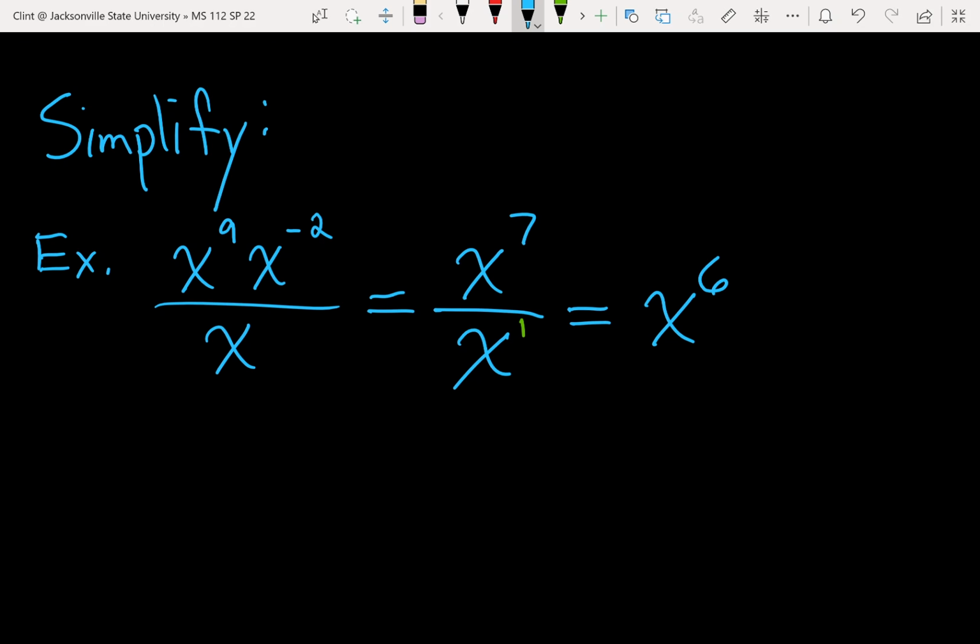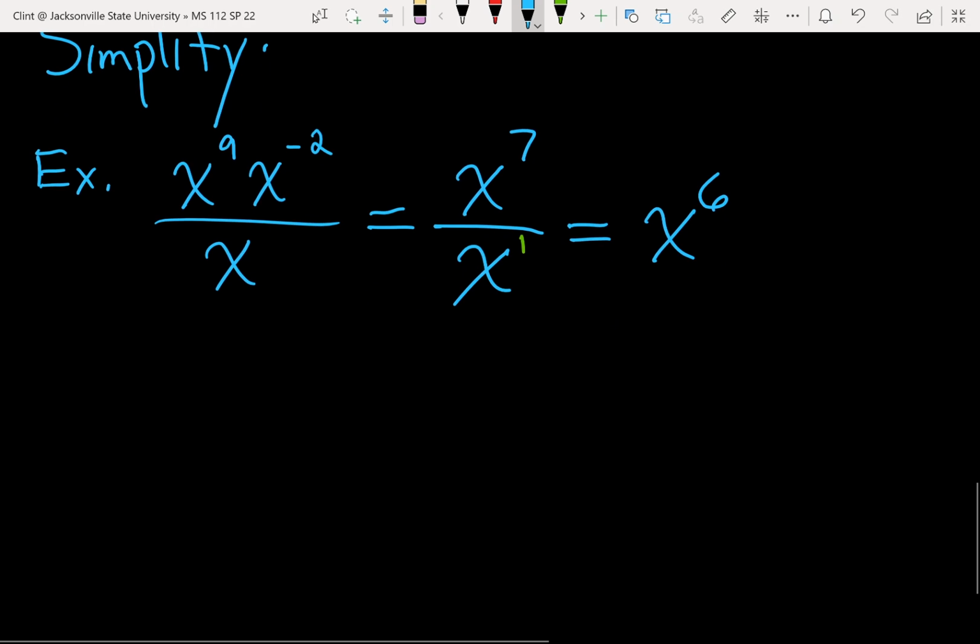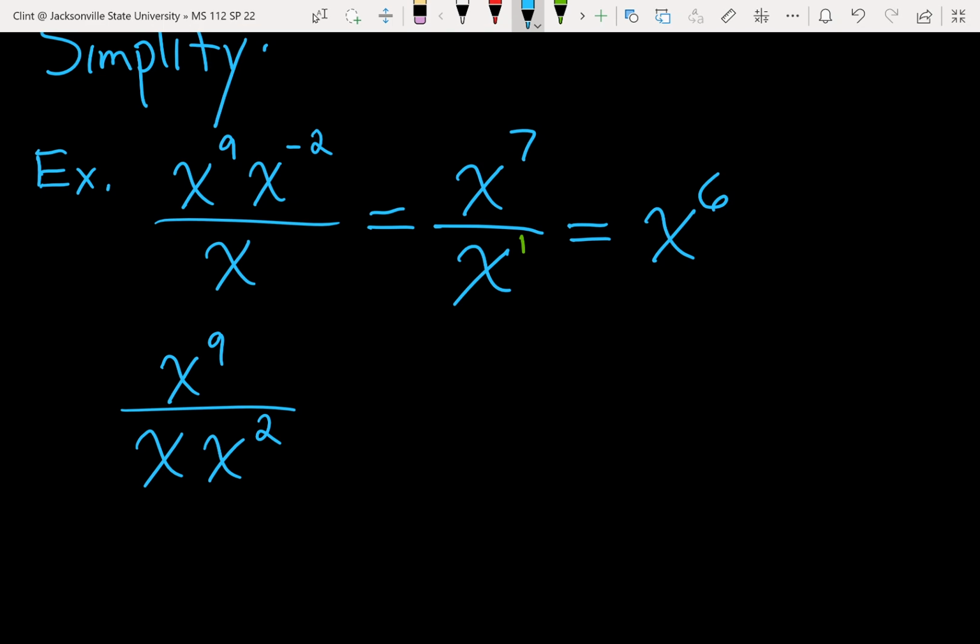You may think about doing something different first, and that's perfectly fine. We could have, with a negative 2 in the top, it'll be positive 2 in the bottom.